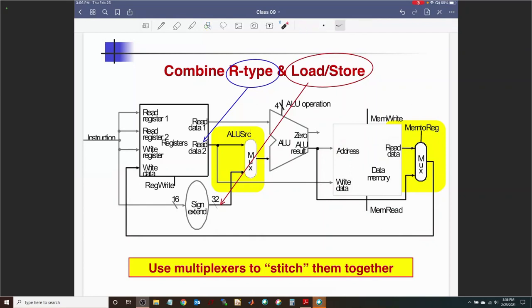So, in other words, memory to register is a select control to either pick read data to go through or ALU result to go through. So, if I'm executing an R-type instruction, memory to register should be configured so that either the ALU result should go through or the read data should go through, one of them. Which one is for R-type is the question.